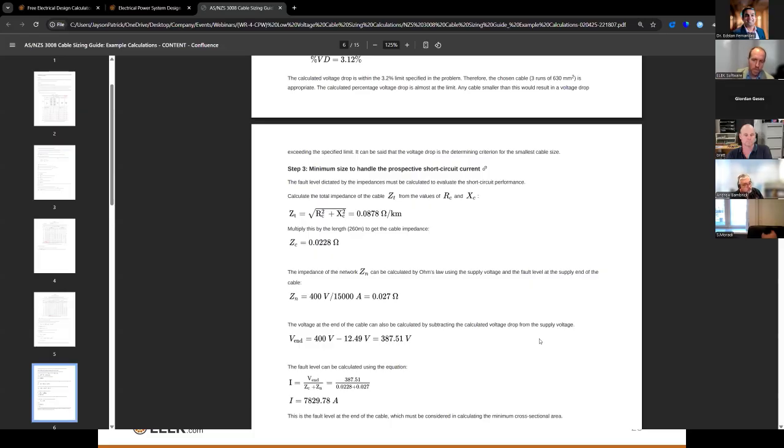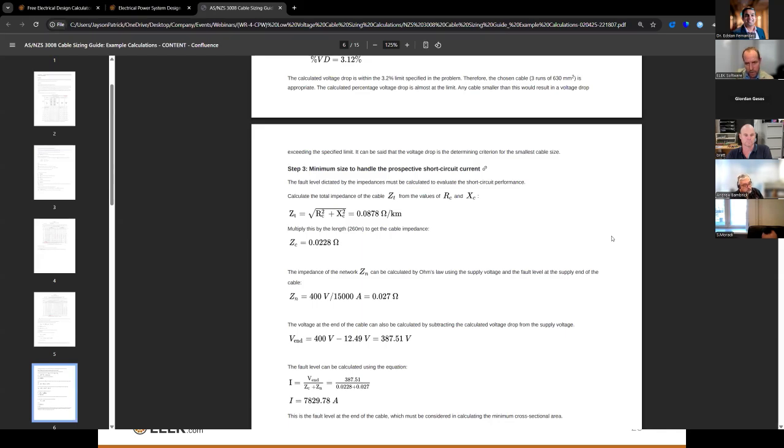So we mentioned at the start of the problem, 15 kA, 15,000 amps was the fault level at the start of the circuit. We are using the short circuit at the end of the circuit, so that will be reduced. How do we calculate the short circuit rating at the end of the circuit?